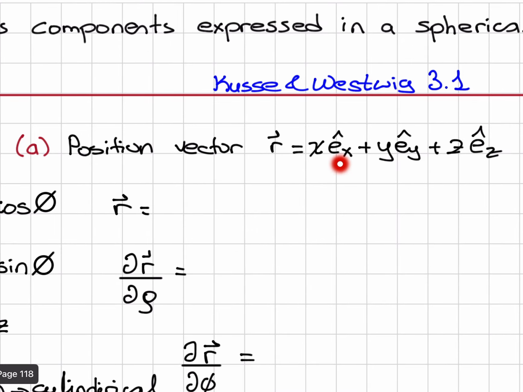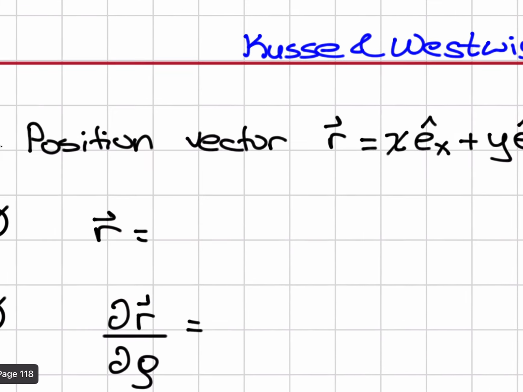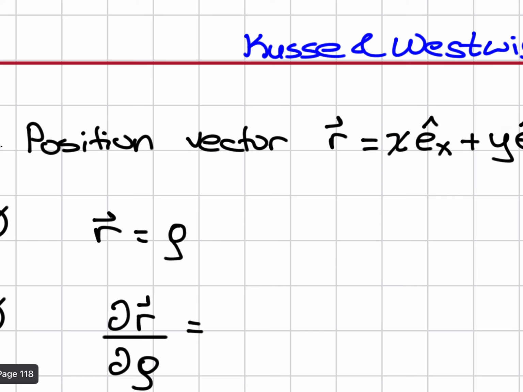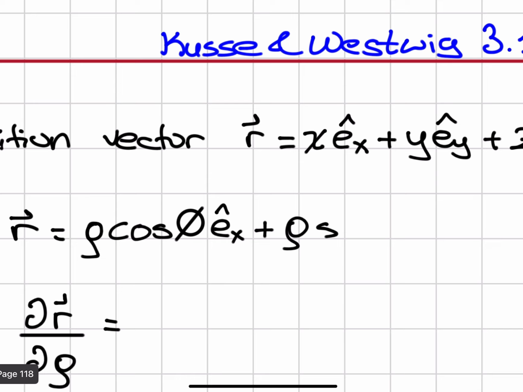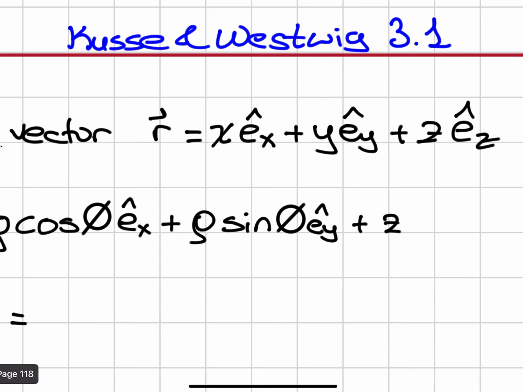So our position vector is rho cosine phi ex hat plus rho sine phi ey hat, and we have z in the ez hat direction. We can also use i hat, j hat, and k hat for these.